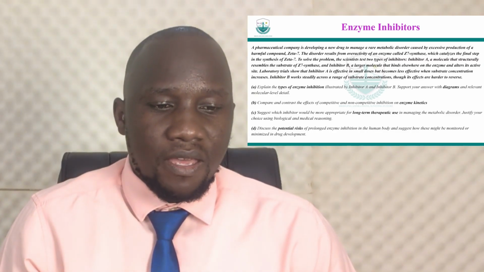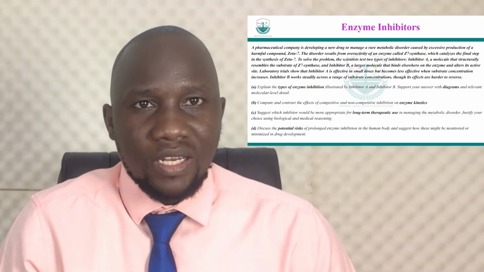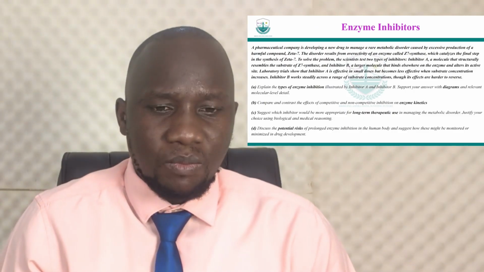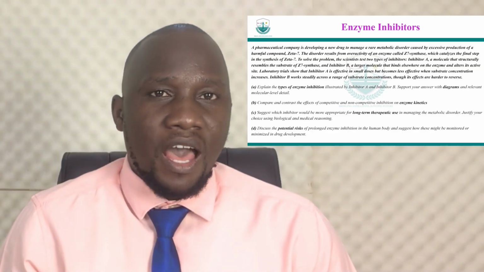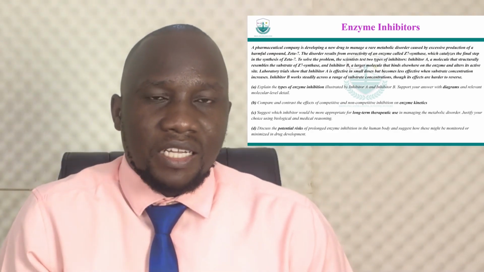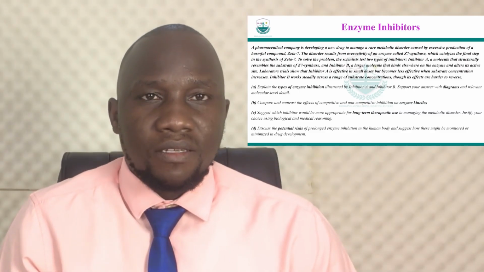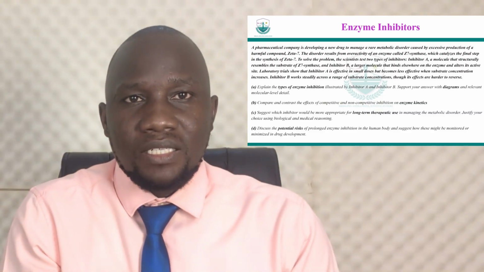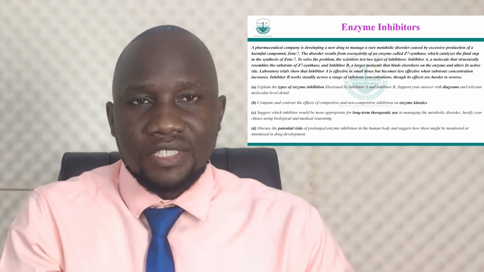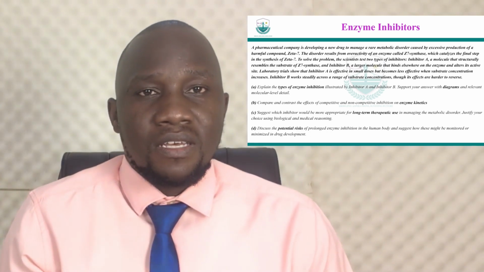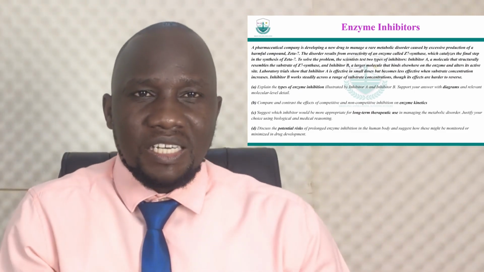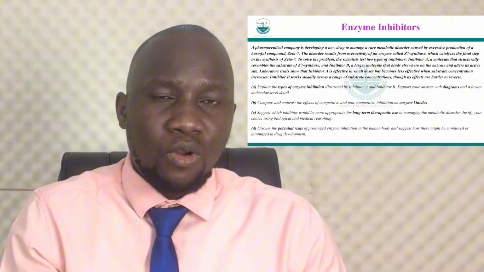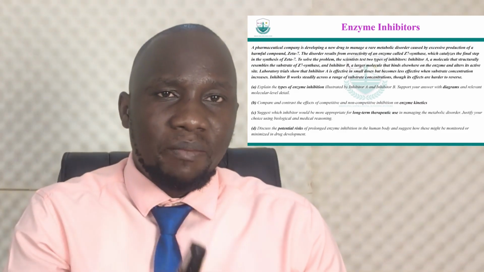And then the second one, inhibitor B, is a large molecule that binds elsewhere on the enzyme and alters the active site. It does not bind to the active site, but binds somewhere else, but the result is that it changes the active site.